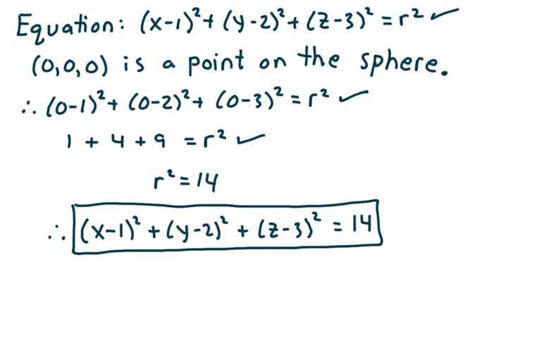And so that says r squared is equal to 14, and we're done. And so the equation becomes (x minus 1) quantity squared plus (y minus 2) quantity squared plus (z minus 3) quantity squared is equal to 14. And that's example 1.